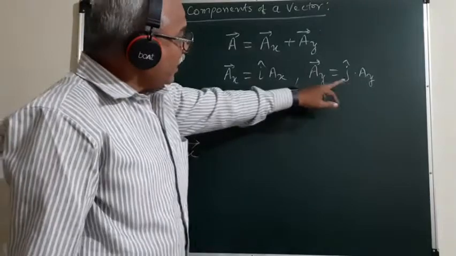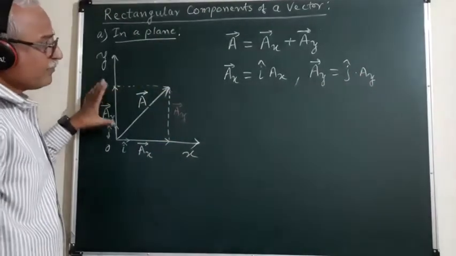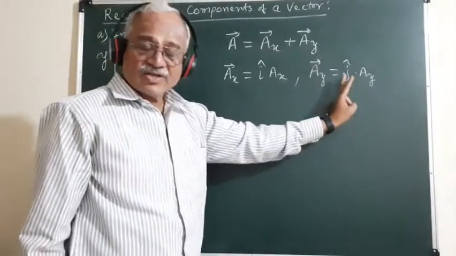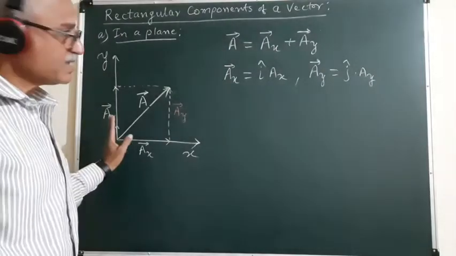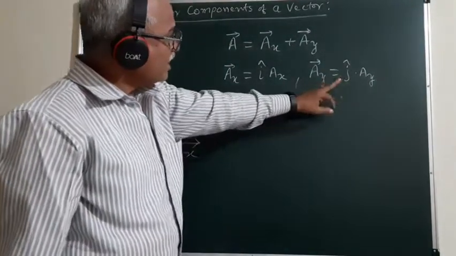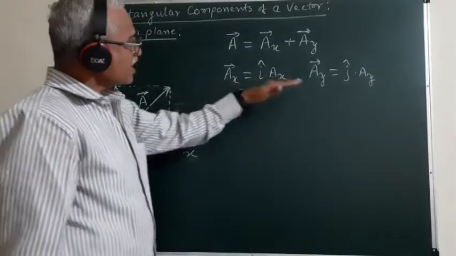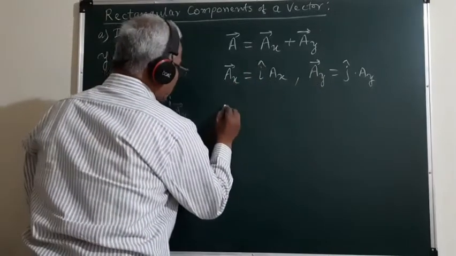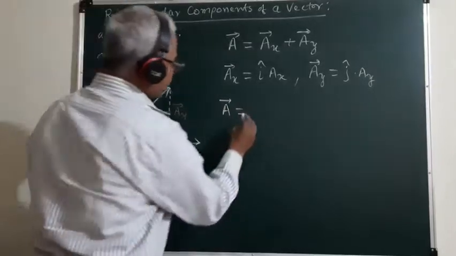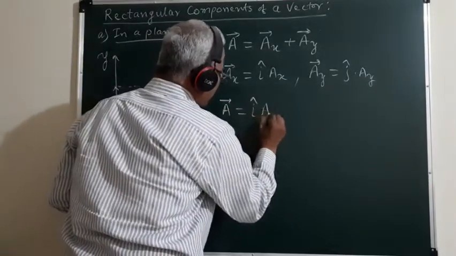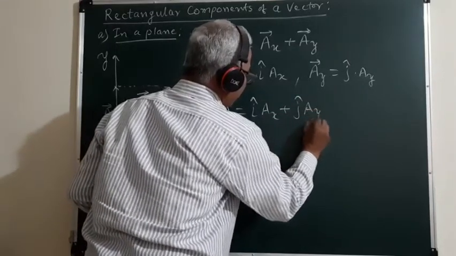Similarly, ay here is the magnitude of the vector ay bar and j cap is the unit vector along the positive direction of y axis. So the vector ay bar is expressed as j cap ay. So using these expressions for ax bar and ay bar here, we can express the vector a bar as a bar is equal to i cap ax plus j cap ay.